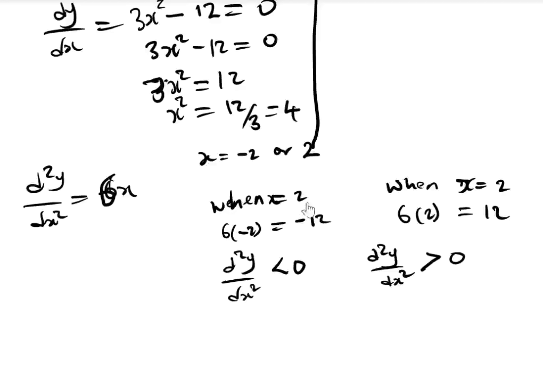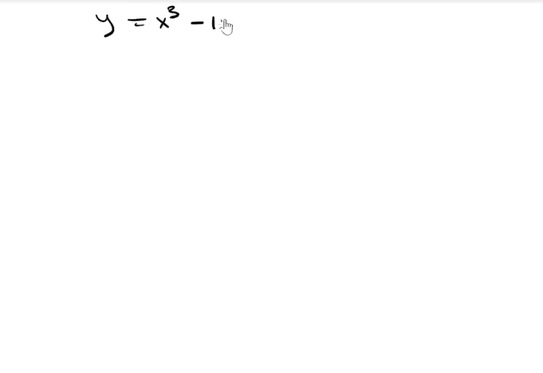So we can now use x as -2. Therefore, substituting -2 in that equation, let me write down the equation again. y is equal to x cubed minus 12x plus 1. So now we've determined that at maximum value, x is equal to -2.